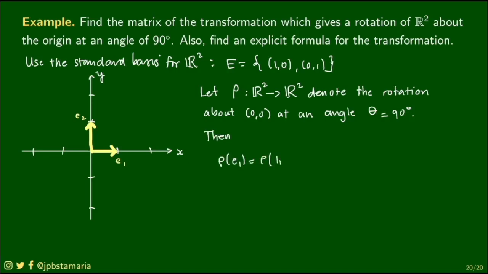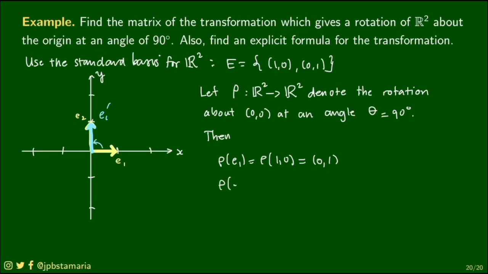E1 is (1, 0). If you rotate this 90 degrees at a particular angle, this will move somewhere here. So your E1 prime would be there. That's E1 prime, right? Alright, so that's E1 prime. Now the image of, so that's going to be (0, 1), right?